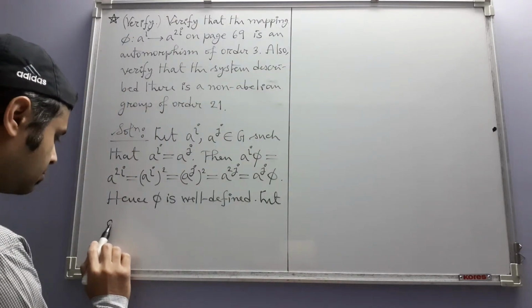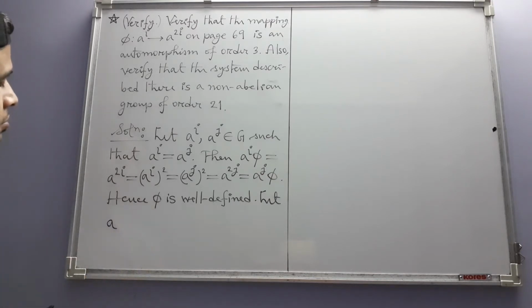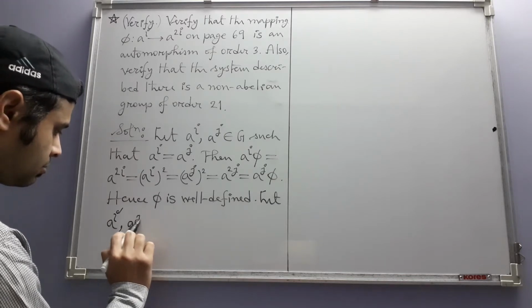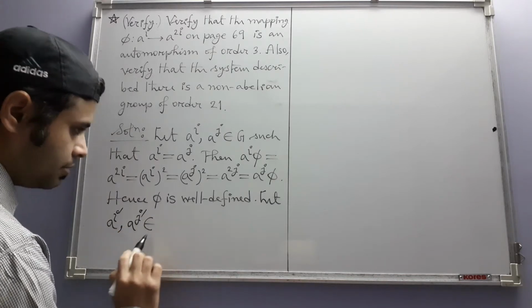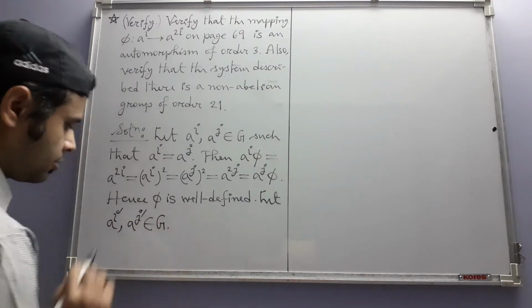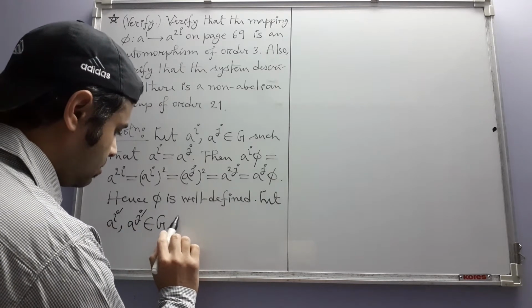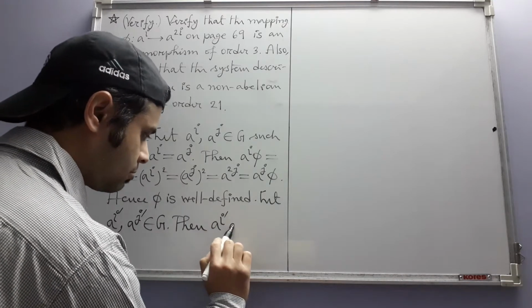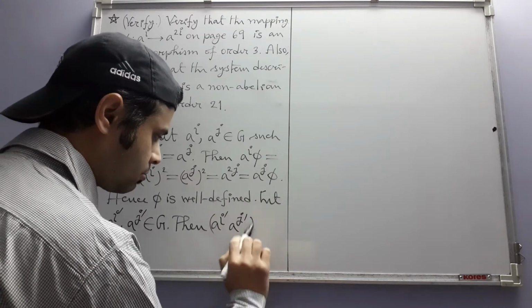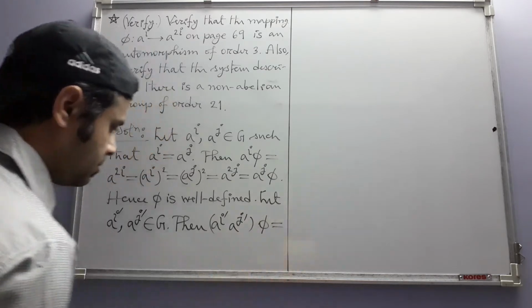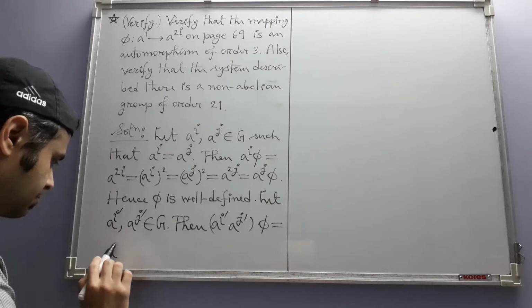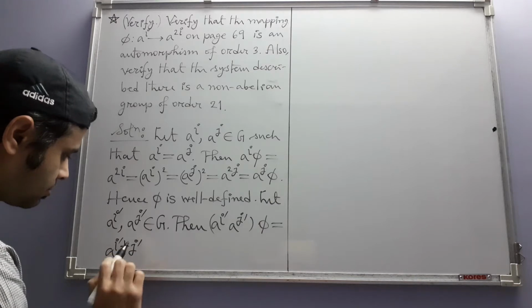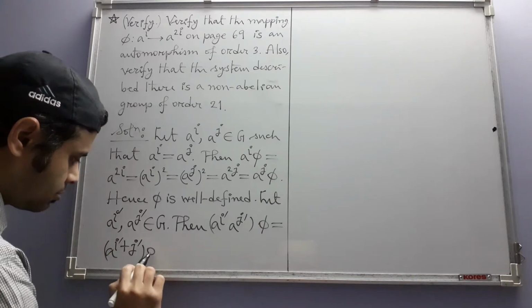Next, we can take something else, a to the power i prime and a to the power j prime belong to G. Then this is equal to, using the rules of exponents, we have this.